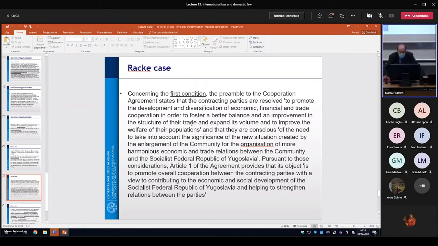In particular, the cooperation agreement promoted the development of Yugoslavian economy. So, for example, it granted some preferences in the trade between the EC and Yugoslavia to promote the development of Yugoslavian economy.